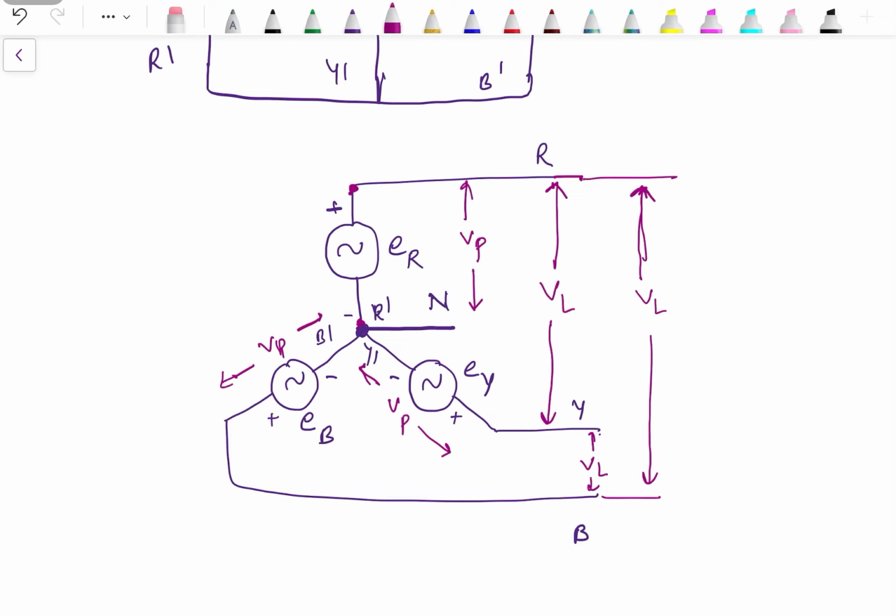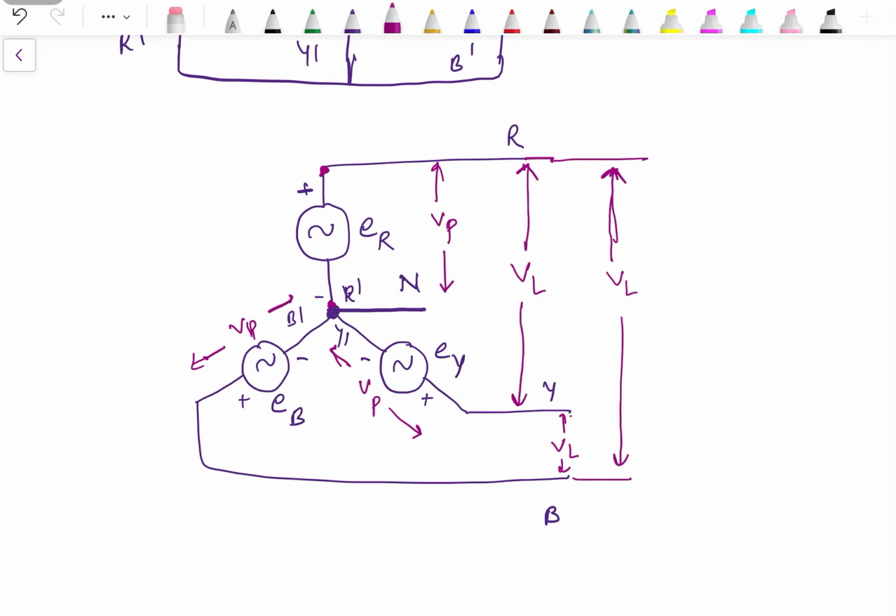Now what we see over here is that line voltage and phase voltage are not the same in case of star connection.